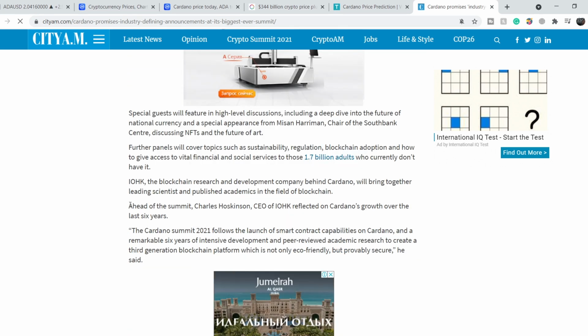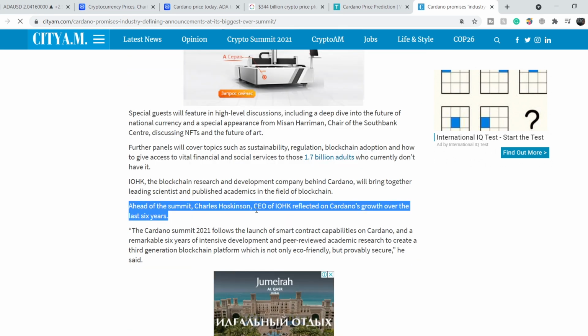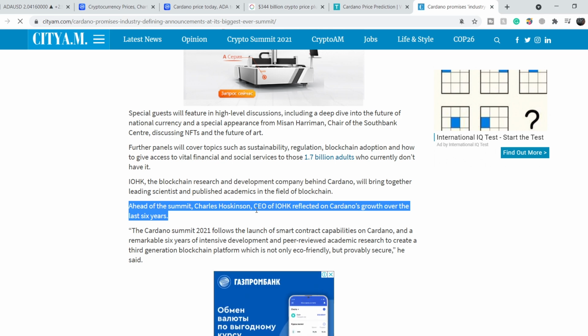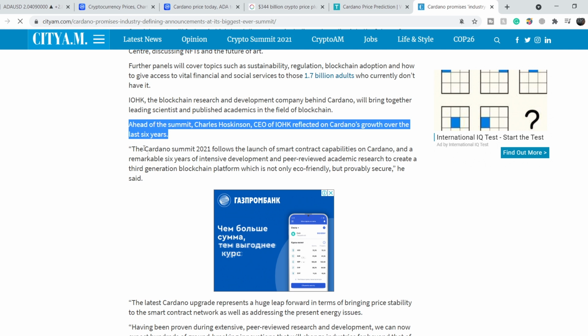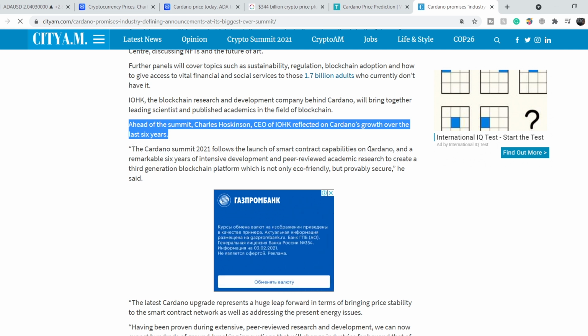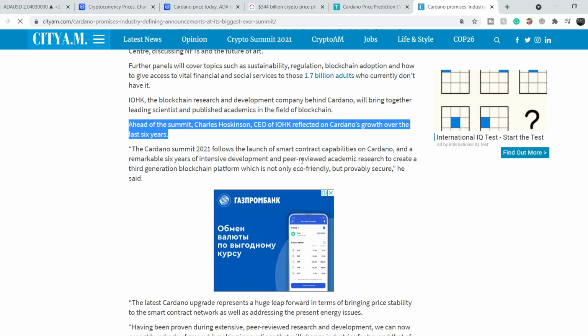And on top of that, ahead of the summit, Charles Hoskinson, CEO of IOHK, reflected on Cardano's growth over the last 6 years. And he said, "Cardano Summit 2021 follows the launch of smart contract capabilities on Cardano and a remarkable 6 years of intensive development and peer-reviewed academic research to create a third-generation blockchain platform which is not only eco-friendly, but also secure.